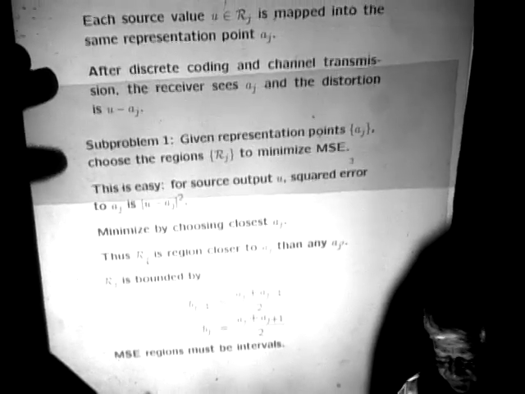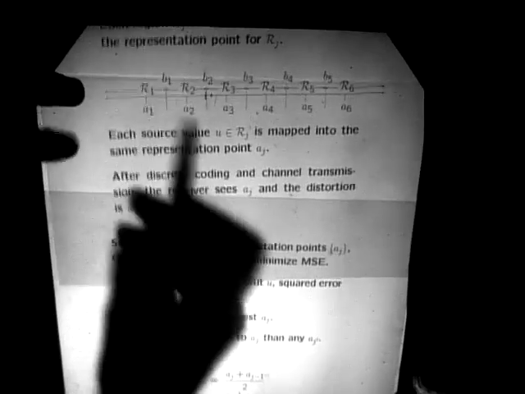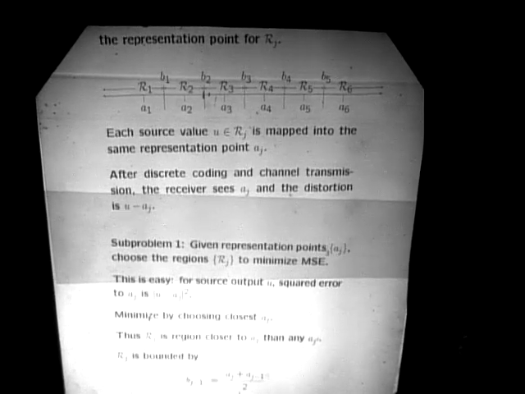Okay? And that also tells us that the minimum mean square error regions have got to be intervals. There is no reason at all to ever pick regions which are not intervals, because as soon as you start to solve this problem, for any given set of representation points, you wind up with intervals.